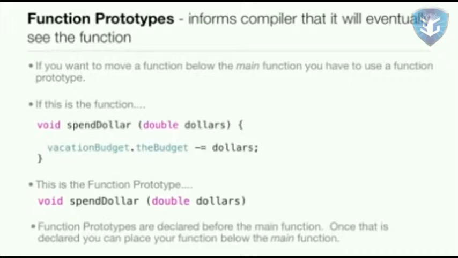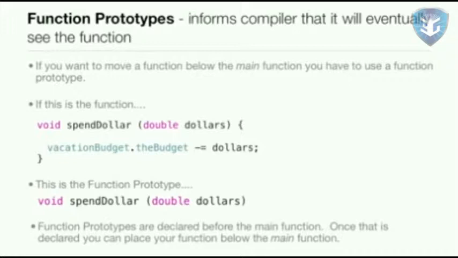I have all the code right, I just moved them. Well, yes, you had all the code right, but you didn't in a way because you didn't use a function prototype. And what are they? Well, they inform the compiler that it will eventually see the function, because you're delegating part of the responsibility of main off to this other function.